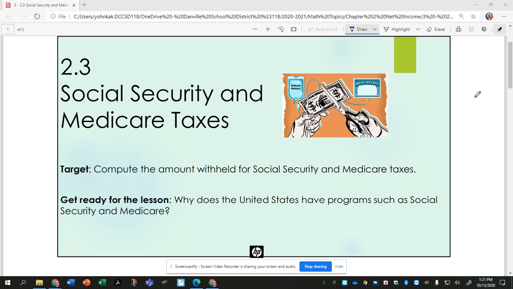This is all about Social Security and Medicare taxes. Today we're going to compute the amount withheld for Social Security and Medicare taxes. And why does the United States have programs such as Social Security and Medicare?